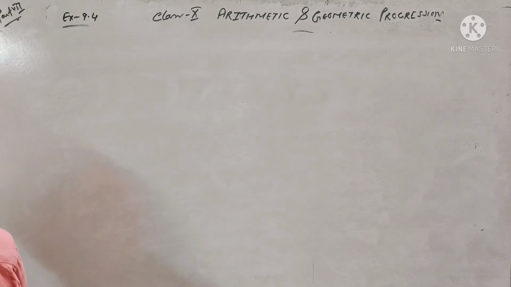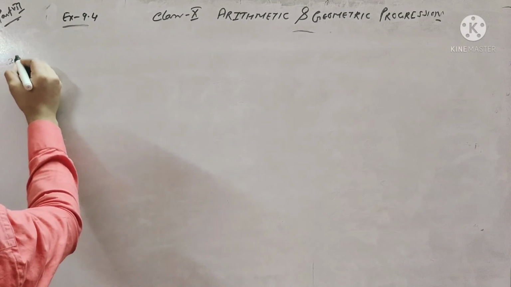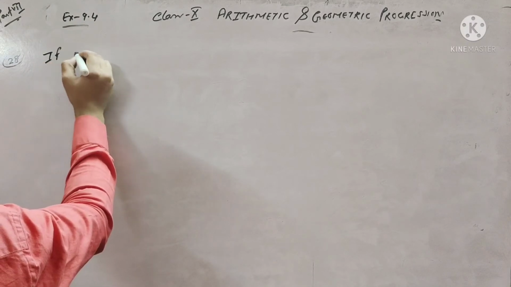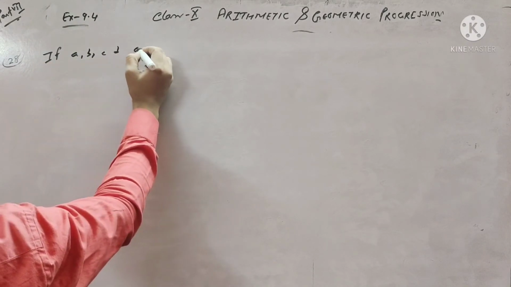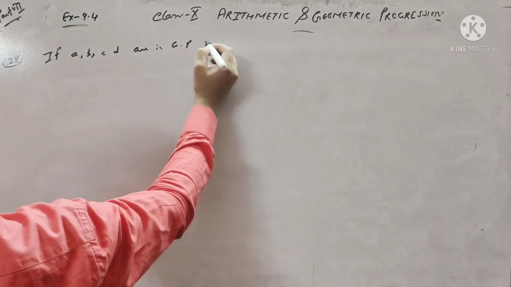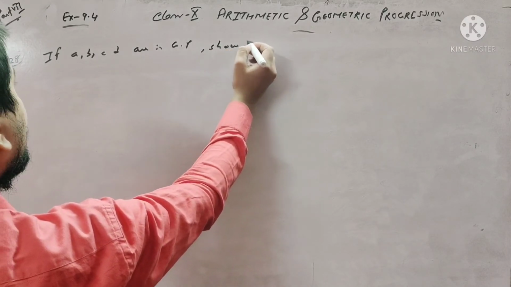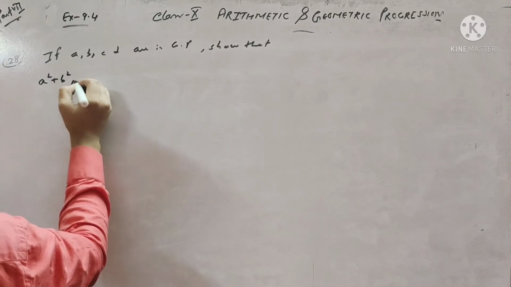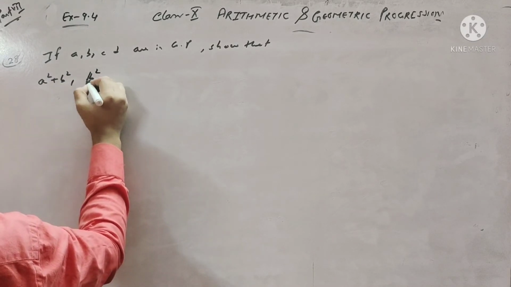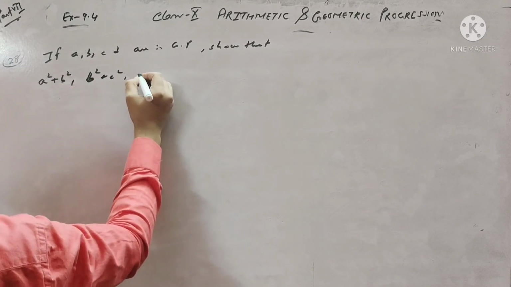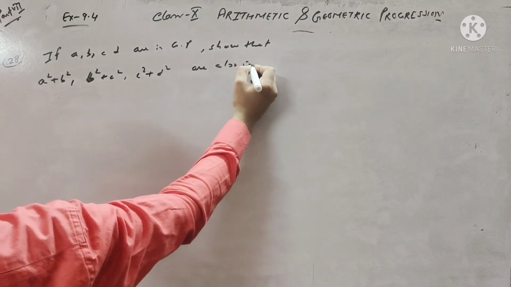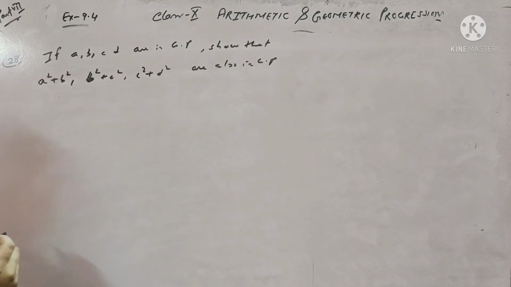Question number 28. If a, b, c, d are in GP, then show that a square plus b square, b square plus c square, c square plus d square are also in GP.